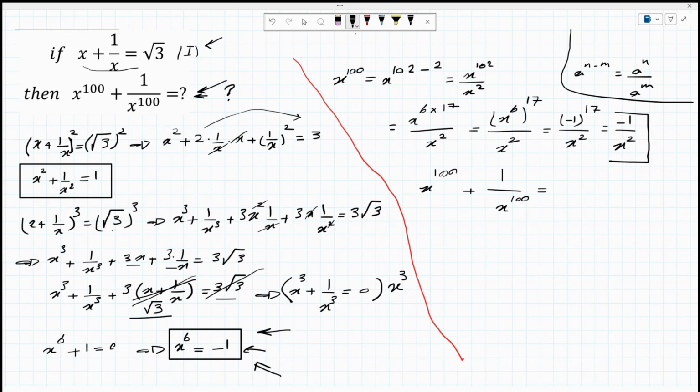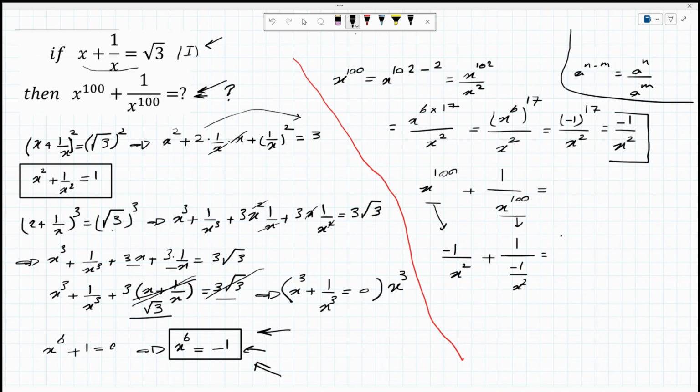So here, instead of this term, we're going to have 1 over minus 1 over x2 plus, instead of this term, we're going to have 1 over x to the power of 100, which is minus 1 divided by x2.